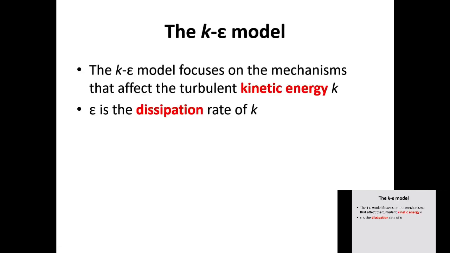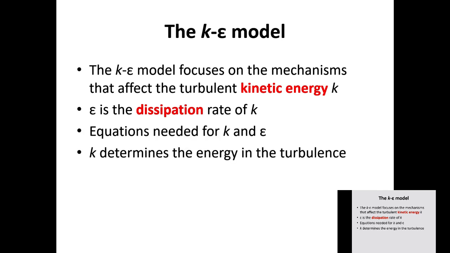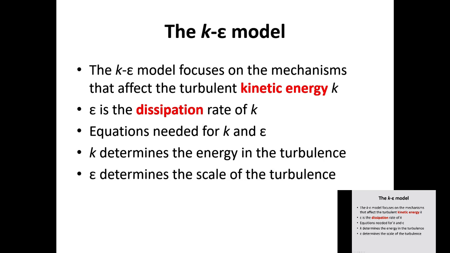And in the K epsilon model, this is what you have been using most of the time. Epsilon is the dissipation rate of K. K is the turbulent kinetic energy. So for this equation, you need a K and an epsilon.